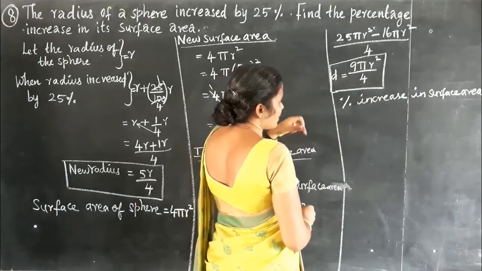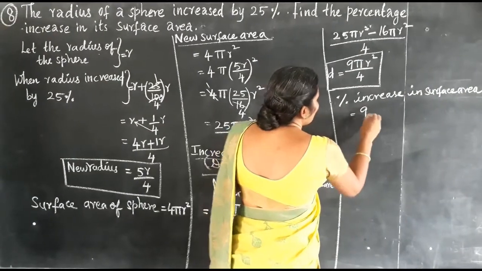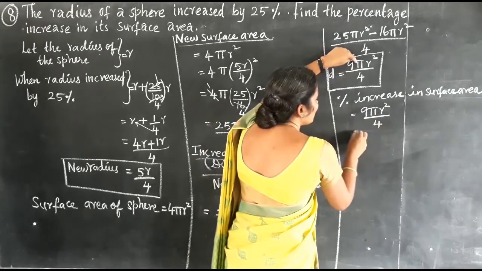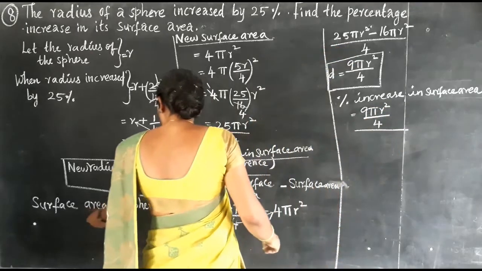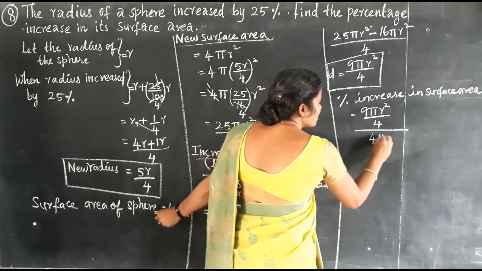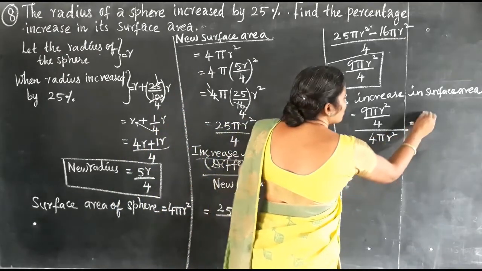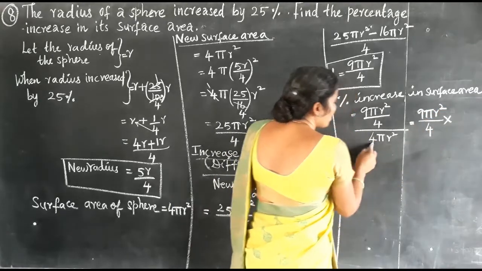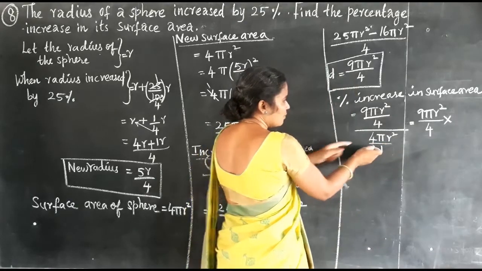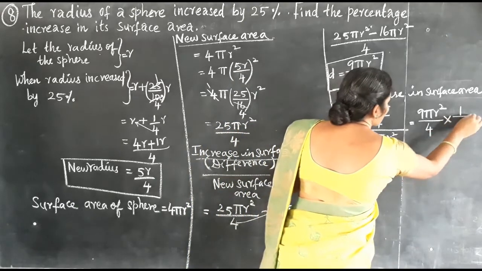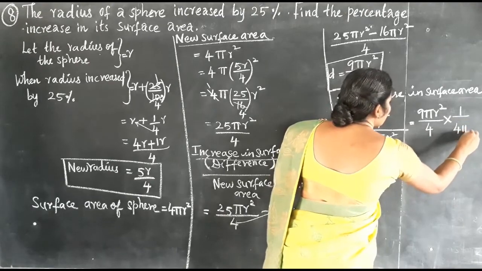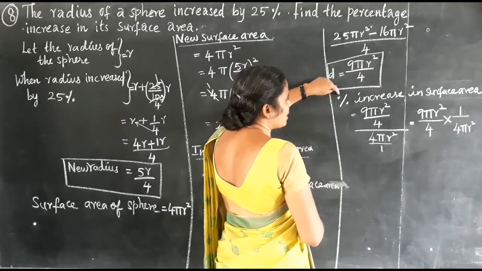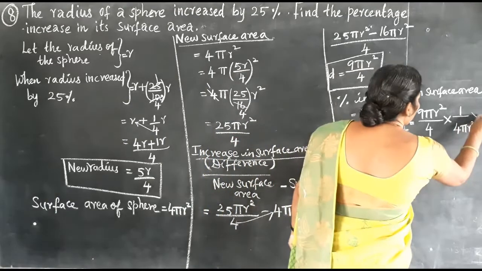Percentage increase in surface area is equal to the difference in surface area, that is 9 pi R square by 4, divided by surface area. Surface area of a sphere 4 pi R square is equal to 9 pi R square by 4 into 4 pi R square by 1. So when it comes here it becomes reciprocal. So 1 by 4 pi R square. As here it is given as percentage increase in surface area, you have to multiply with 100.